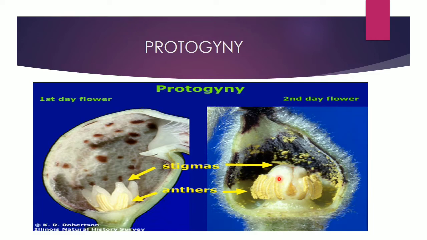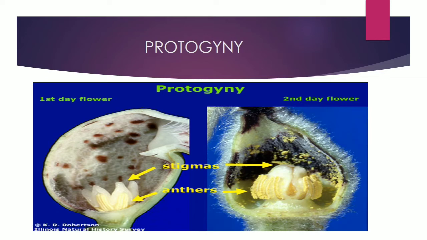Here on the second day the androecium is maturing and shedding pollen grains. So it is an example for protogyny, as the gynoecium is maturing first. Understood? First day gynoecium matures and second day androecium matures, so self-pollination is prevented.